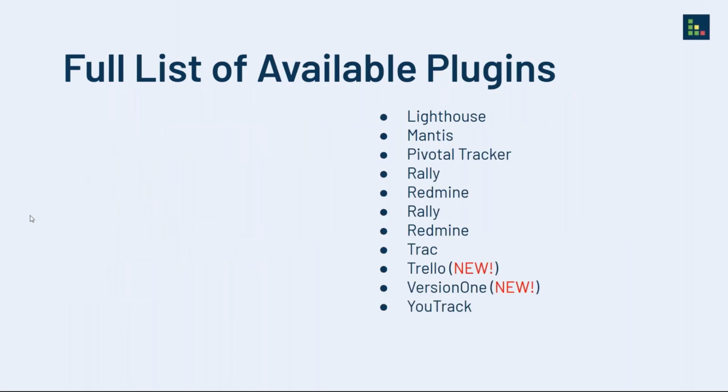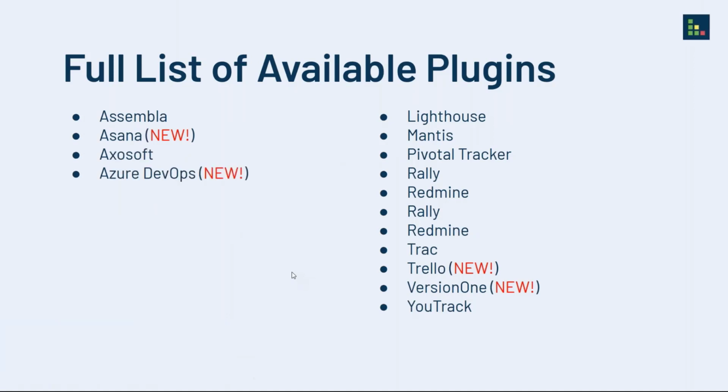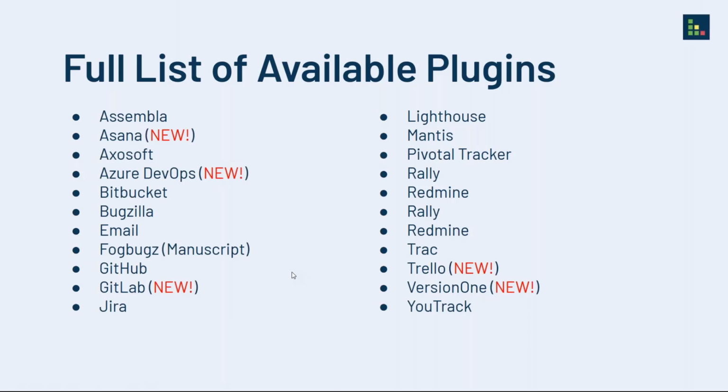So let's just take a look. We now have a full list of plugins. I've got some animation here, so let me skip past the animation. There we go. All of the tools in this list are now tools where we provide a defect or reference plugin out of the box with TestRail.